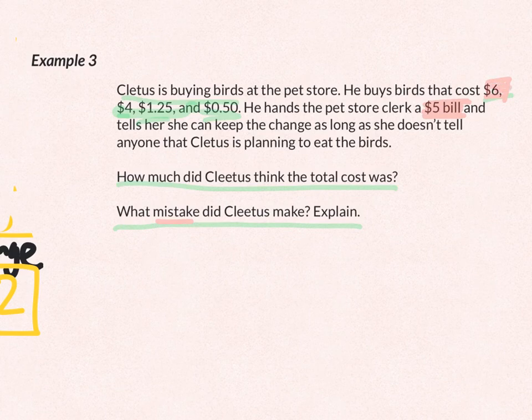But in addition to the $6 bird, he also bought a $4, a $1.25, and a 50¢. So if we add those up, that would be 6 plus $4 is 10, plus a $1.25 and 50¢ would be $11.75. So he didn't give the clerk enough money.